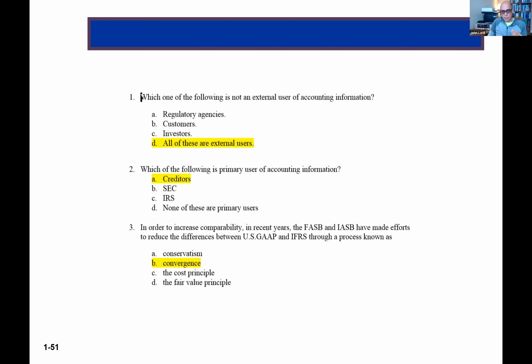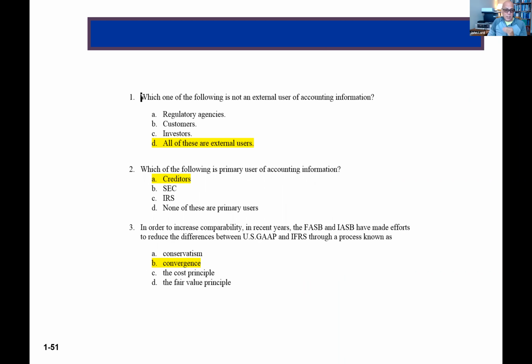Investors, okay, investors are obviously external and they're also considered what? A primary user. So even though, and you can see the answer in here, all of these are external users, right? We have primary users. Our primary users are investors and creditors. Regulatory entities and customers are external, but they're not our primary users.